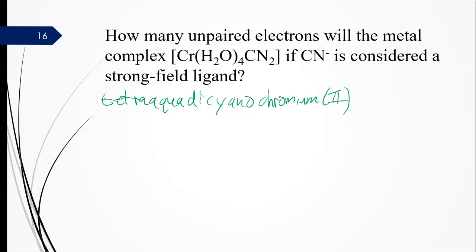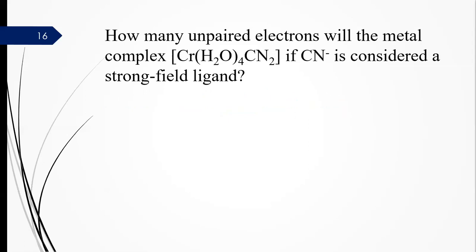And so we want to know how many unpaired electrons that chromium is going to have. So where do we start for a question like this? By answering that CN is a strong field ligand. Well, we know that CN is a strong field ligand because it tells us that.